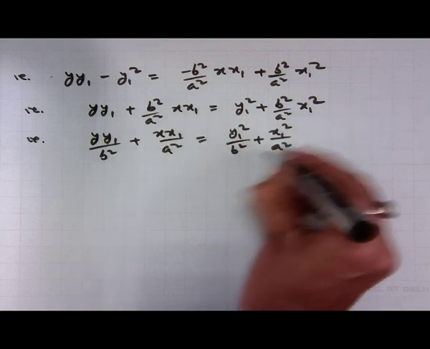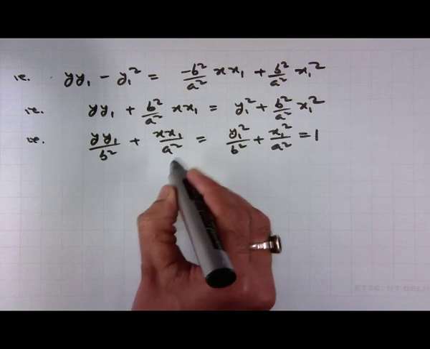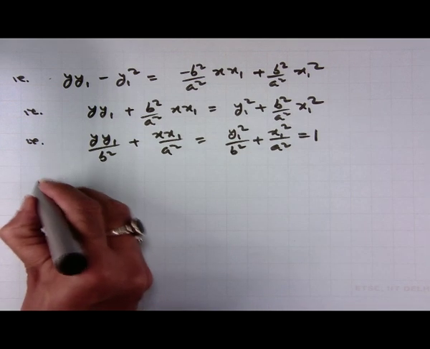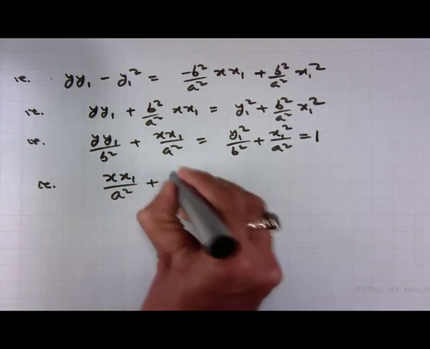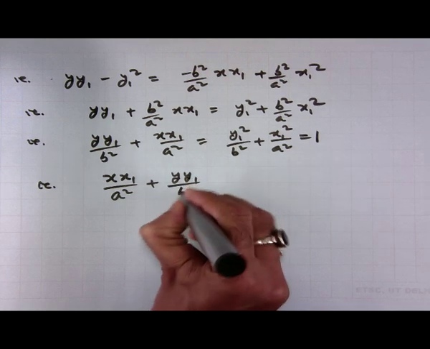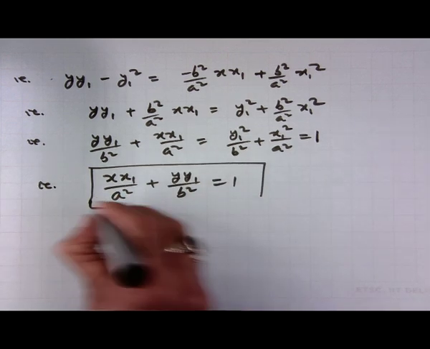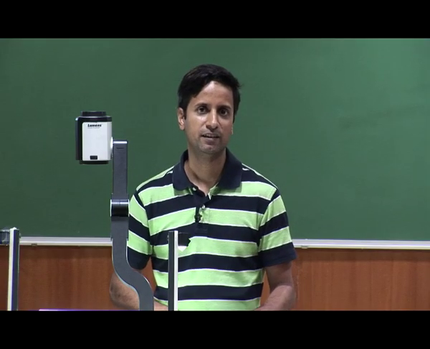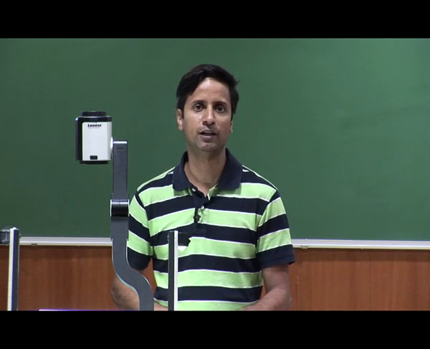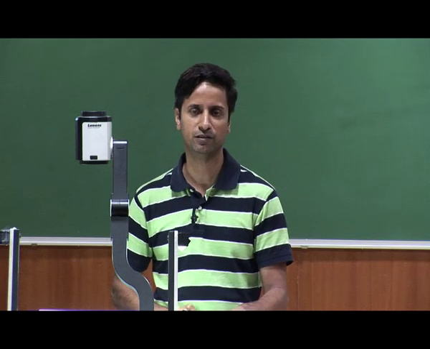But this is equal to 1 because x1 y1 lies on the ellipse. So, we get the same equation, x1 by a square plus y1 by b square equal to 1. So, this is the equation of the tangent line at the point x1 y1 to the ellipse x square by a square plus y square by b square equal to 1.